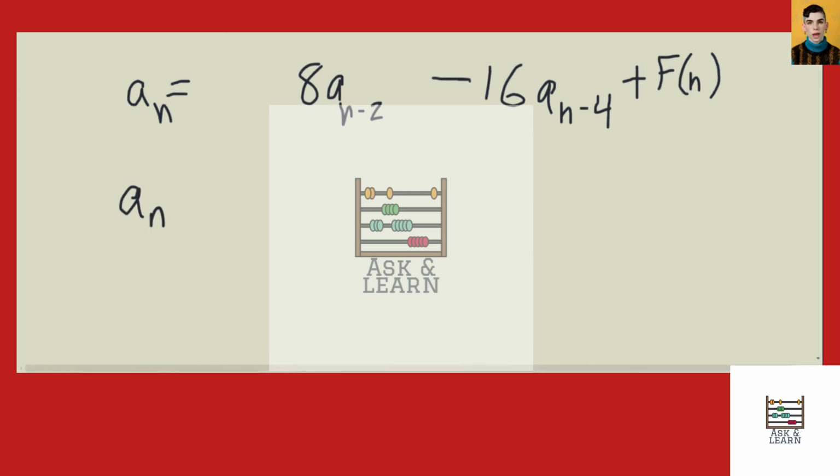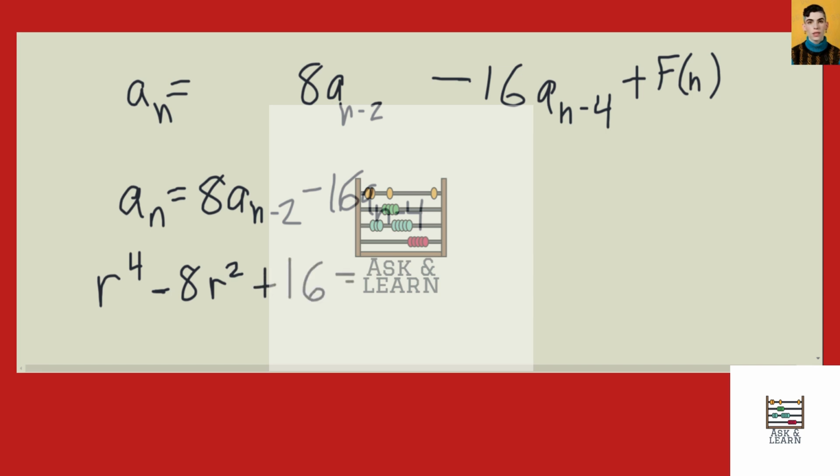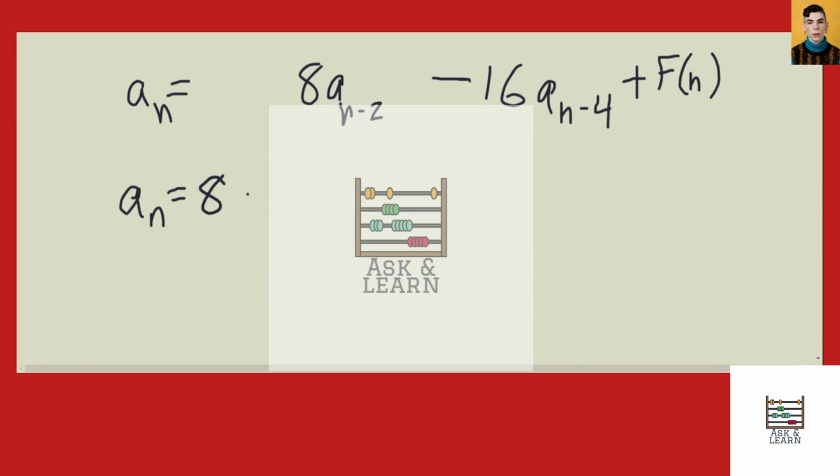So the relation is a_n = 8a_{n-2} - 16a_{n-4} + f(n). And so we have that the associated linear homogeneous recurrence relation is a_n = 8a_{n-2} - 16a_{n-4}.